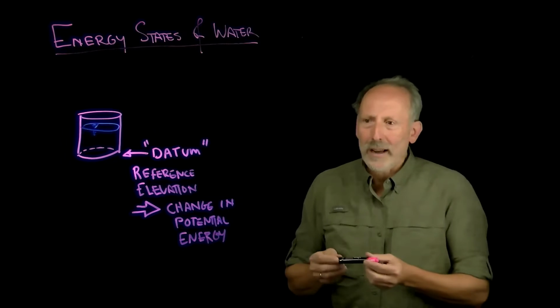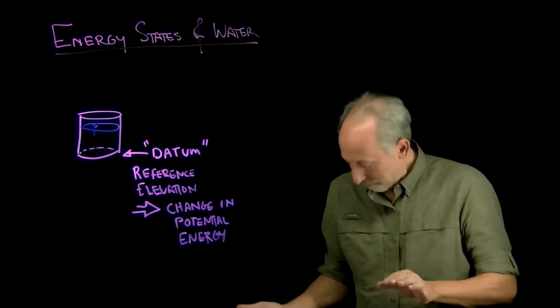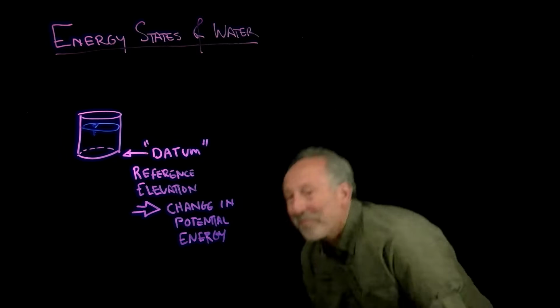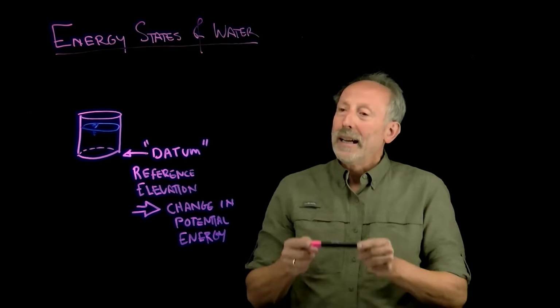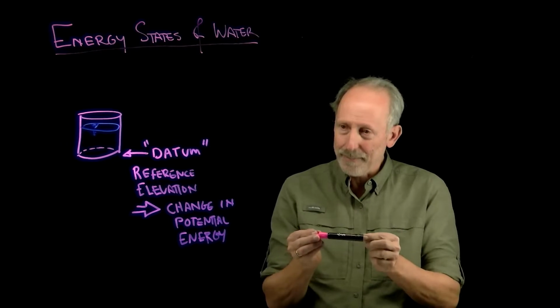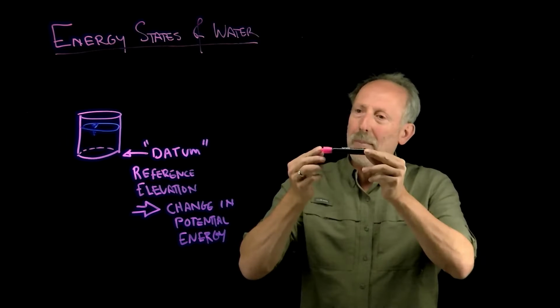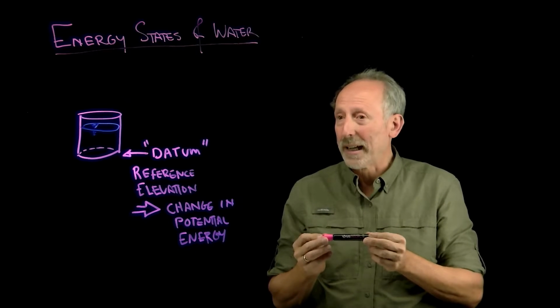Now keep in mind, if I hold this pen at this height and drop it, then what happened? Well, I turned potential energy into kinetic energy, right? Now, if I had held the pen here and dropped it, or if I'd held it here and dropped it, the rate of change of potential energy into kinetic energy would be the same.